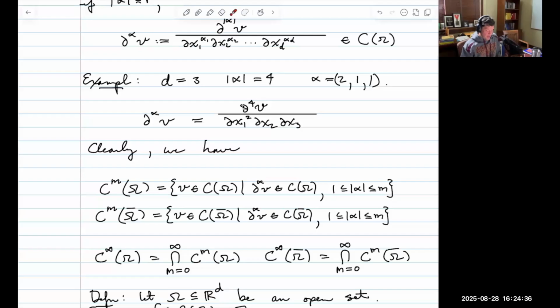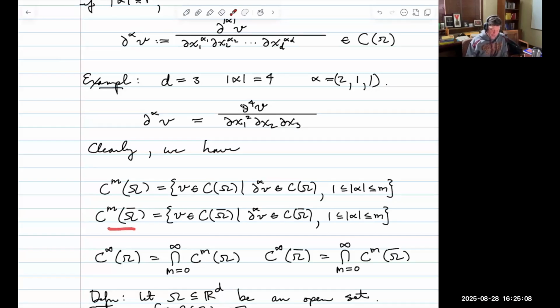Likewise, if I'm talking about the function space where I'm thinking about functions over omega bar, what is omega bar? Omega bar is the closure of omega, and we'll talk a bit more about closure before, but for point sets, closure is pretty easy, right? Usually I'm starting with an open set, and if I want to close it, I add the limit points of that set. I'm assuming you're familiar with that.